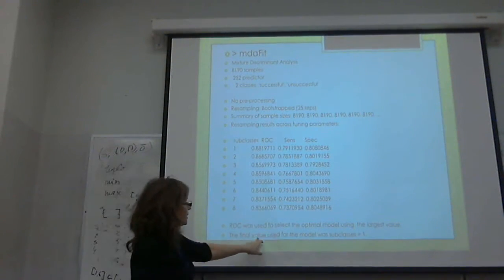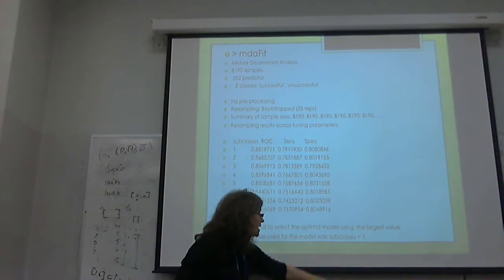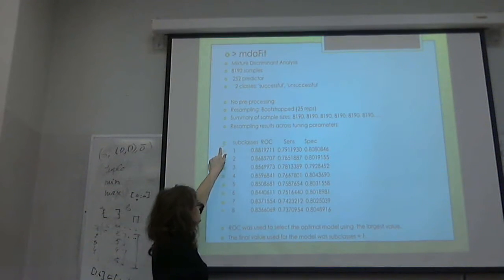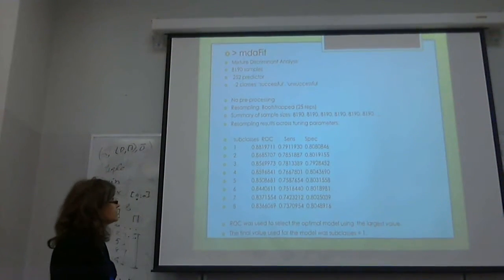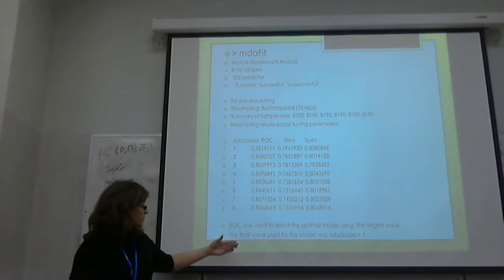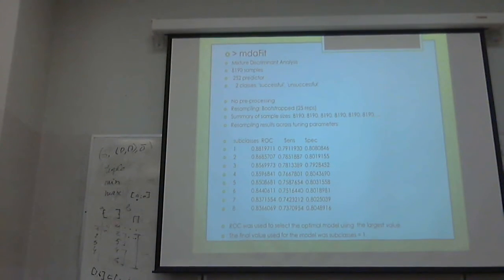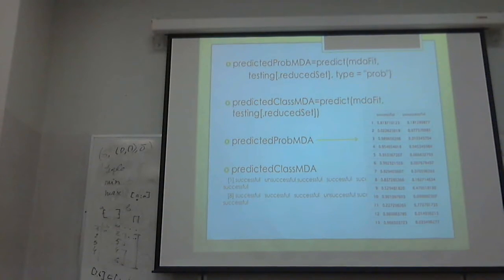The final value for the model was 1. We see it on the tuning plot, and also in the table that is reported, and we can see this is the best value. Now, you do the predict.